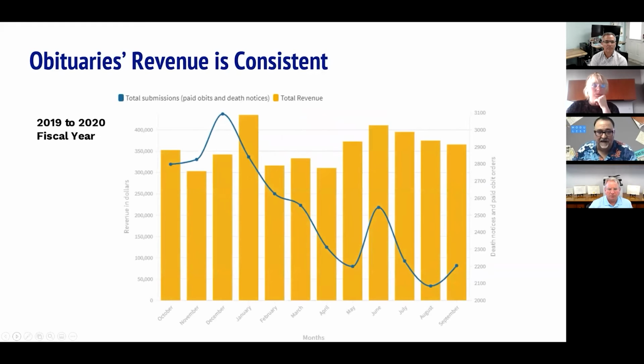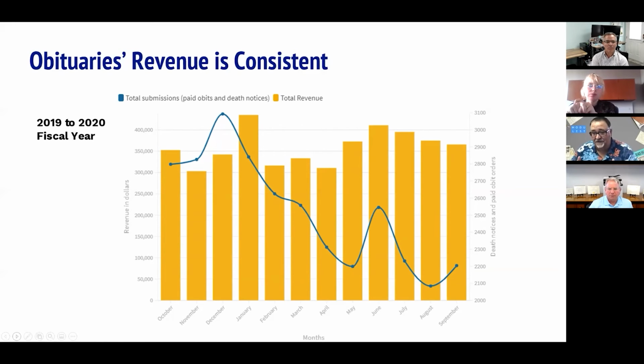I think this slide is really telling. You'll notice this covers a time during the pandemic, right? From '19 to '20, if you follow that blue line, this is the total number of submissions that came through Modulist during that period. In December of '19, we were at a high point, receiving 3,000 plus orders a month.